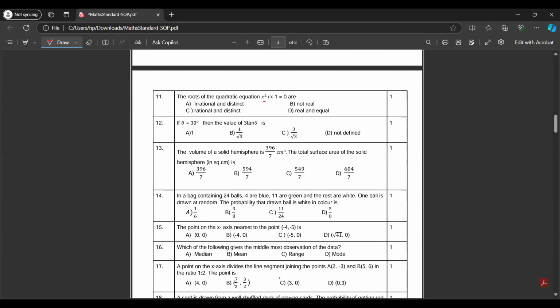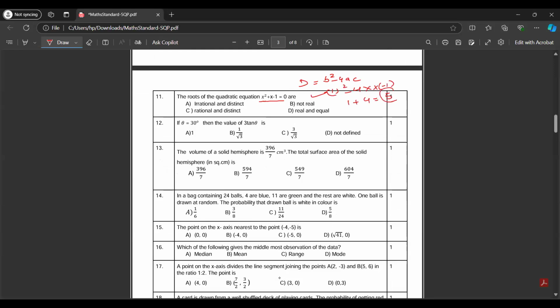The roots of the quadratic equation are, check the roots. How will we check? By finding the discriminant. Discriminant is b square minus 4ac, right? Ma'am, they are irrational. Yes, beta. Oh, wait, they are rational.